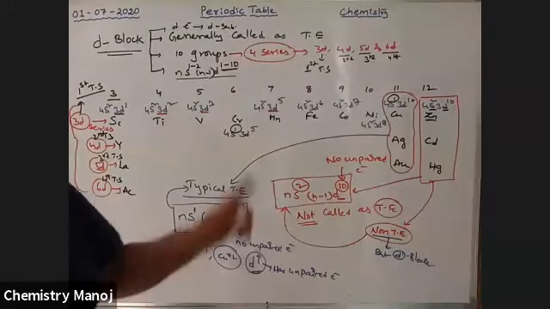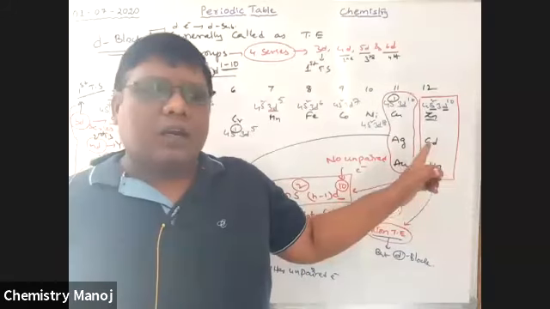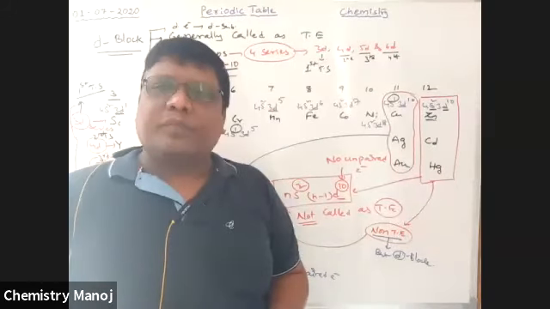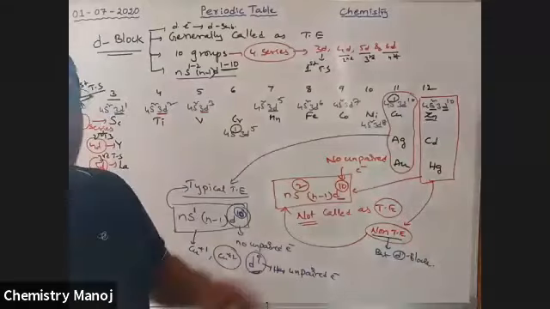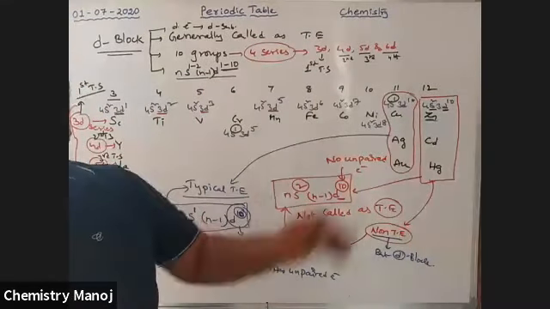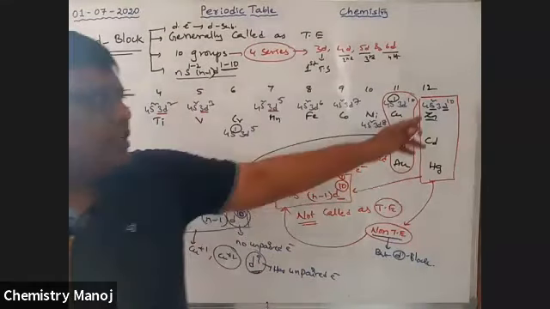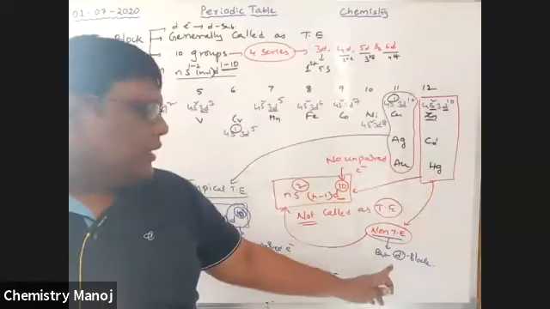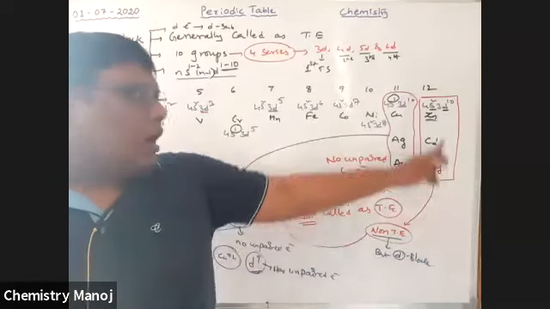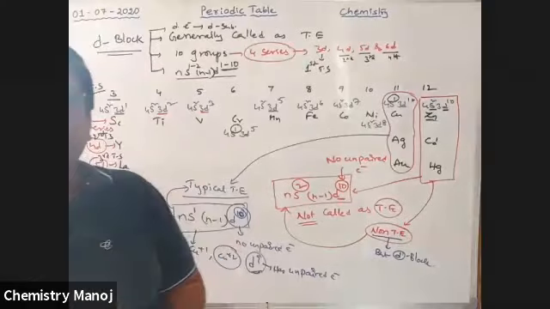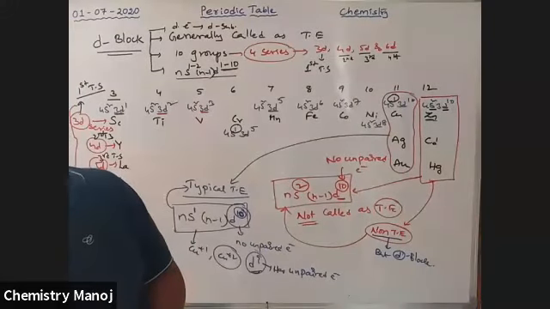That means all d block elements are not transition elements. Am I correct? All d block elements are not transition elements, because zinc, cadmium, mercury are available in the d block but not considered transition elements.